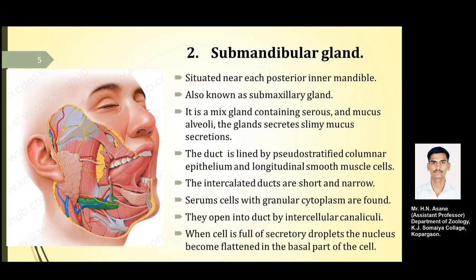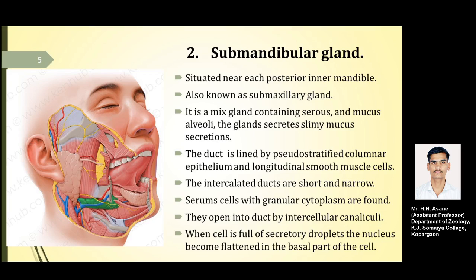The duct is lined by stratified columnar epithelium and longitudinal smooth muscles. So these two types of cells line the duct. A richly cellular stroma and longitudinal smooth muscles are present in this type of gland.